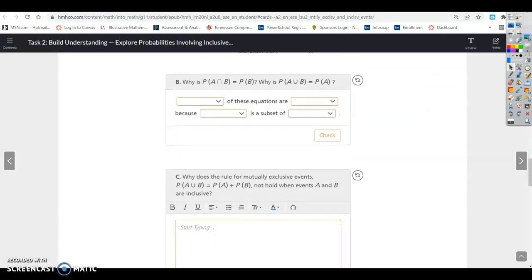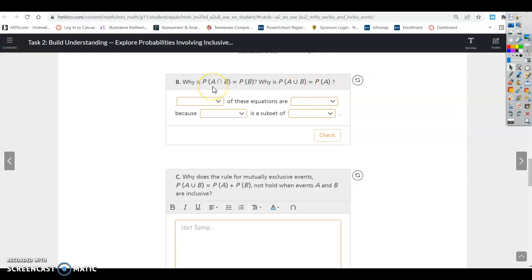All right, so B part says, why is A intersection of B equal to the probability of B? All right, so why is probability of A union B equal to the probability of just A?